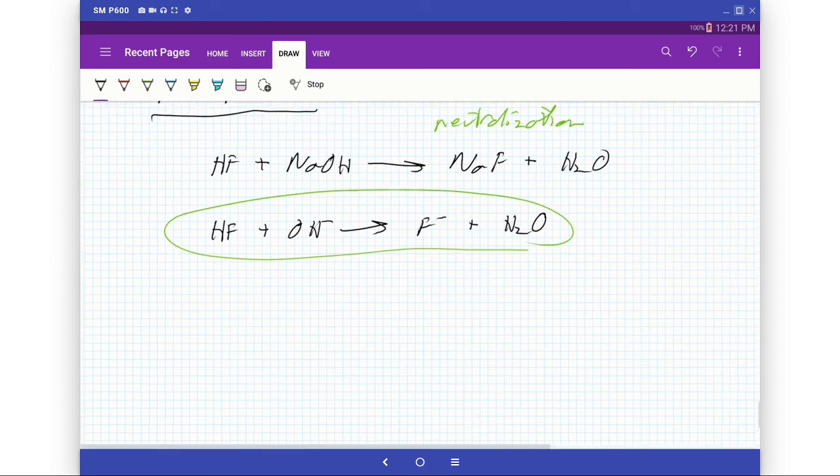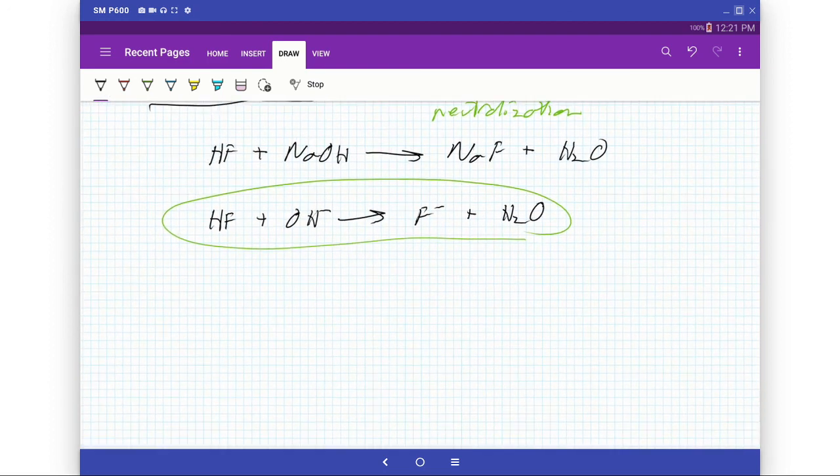To calculate the HF concentration in the overflow container, we take our titration data, 0.01863 liters of sodium hydroxide, times the concentration to give you moles of sodium hydroxide, 0.0572 moles of NaOH per liter of NaOH.